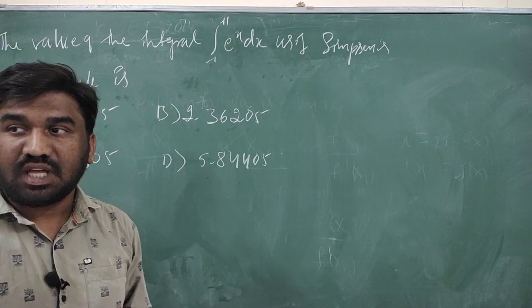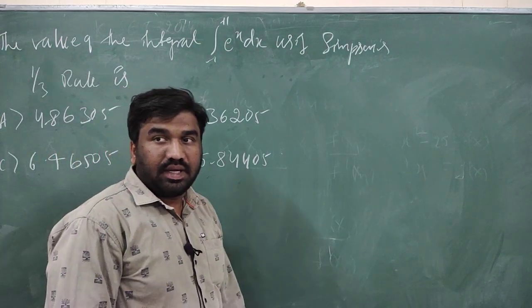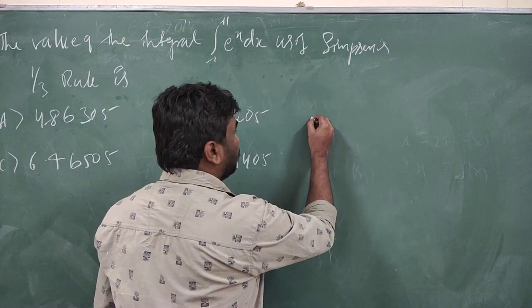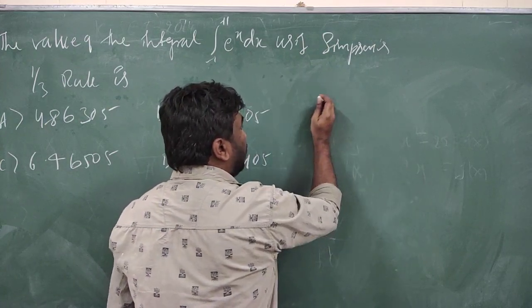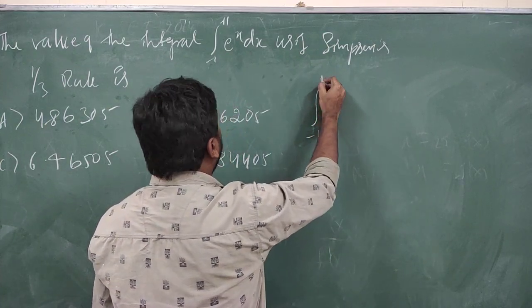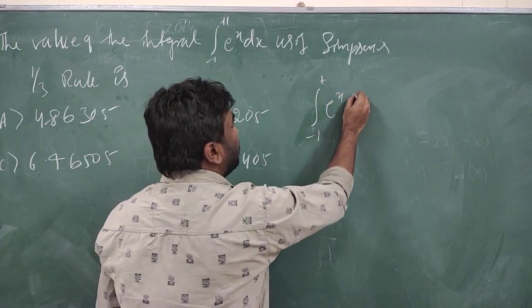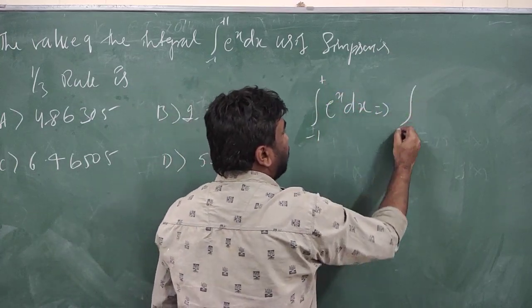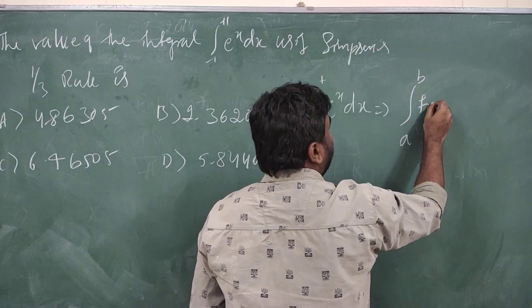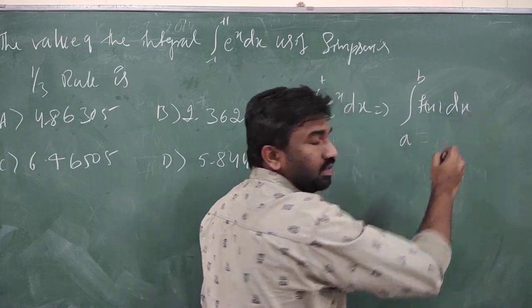So if the intervals are not given, then it's better to go through the formula. Integral -1 to 1 e power x dx is just like integration a to b f of x dx.